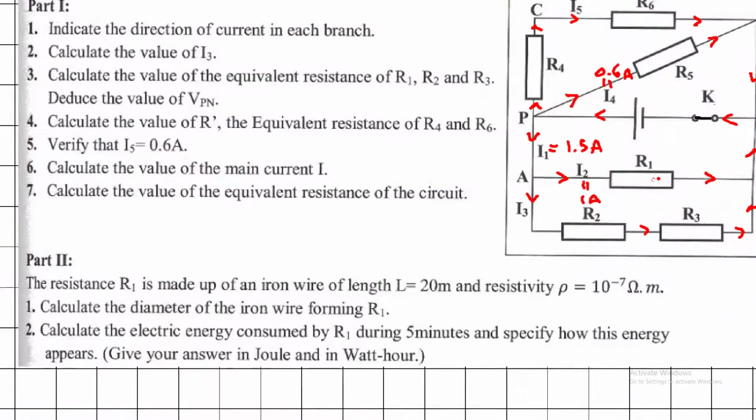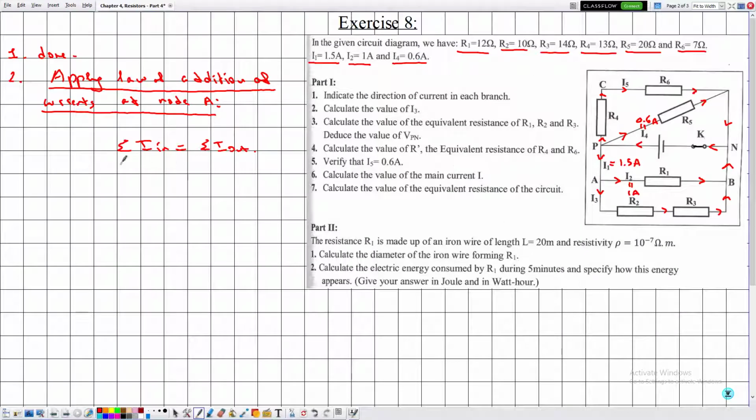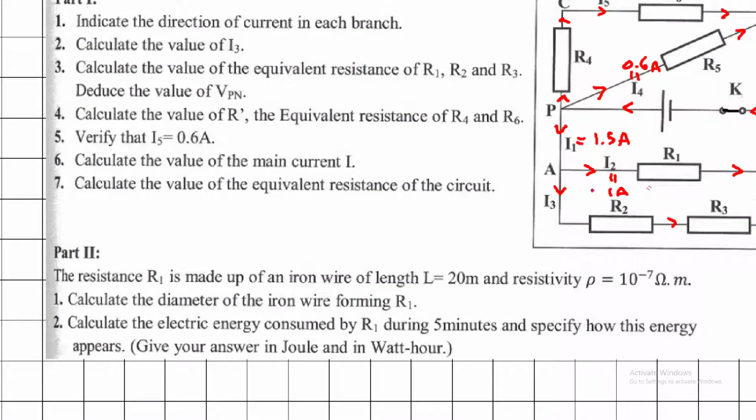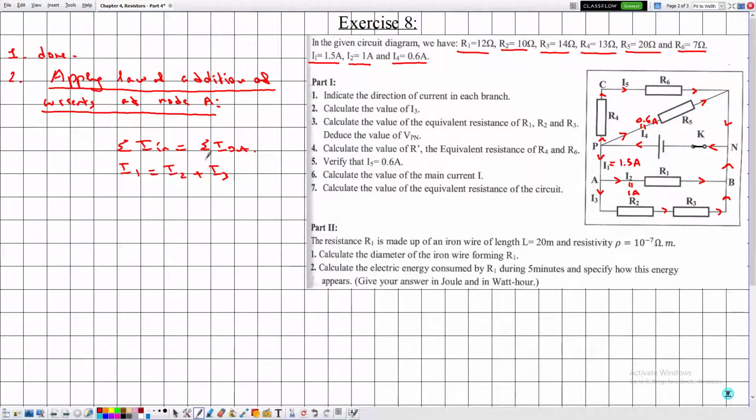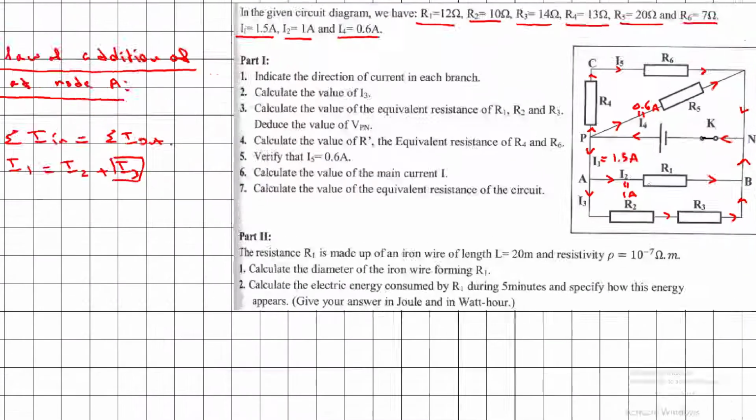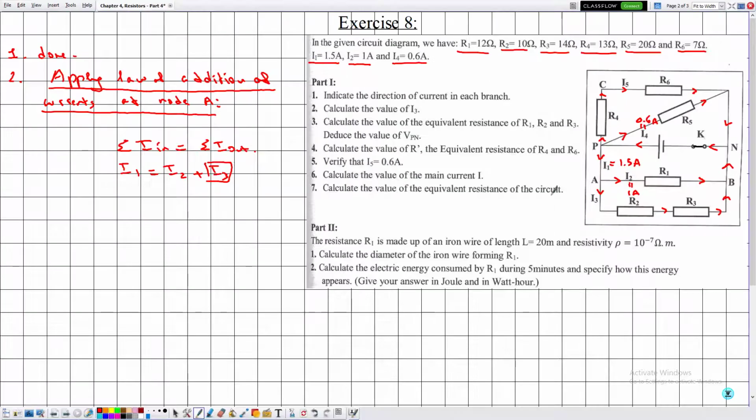The current entering the node is I1, which is equal to I2 plus I3, the currents leaving node A. In this case we are interested in determining I3. So I2 and I3 leave the node.